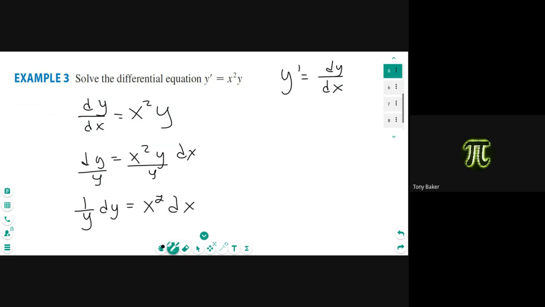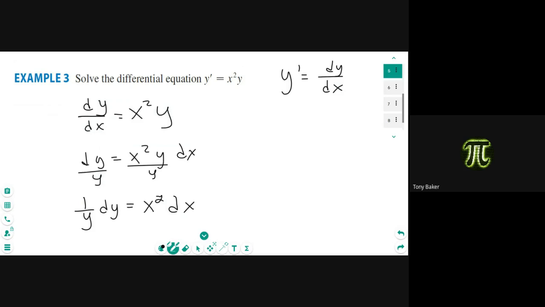I can do that. All right, find me my integral of both sides. Is that just ln y?